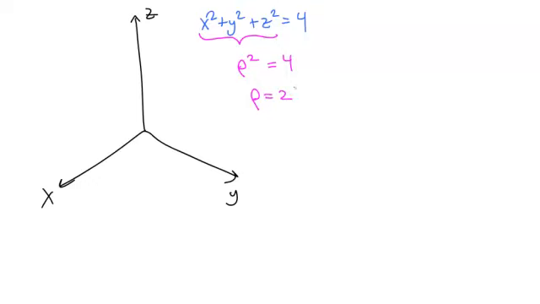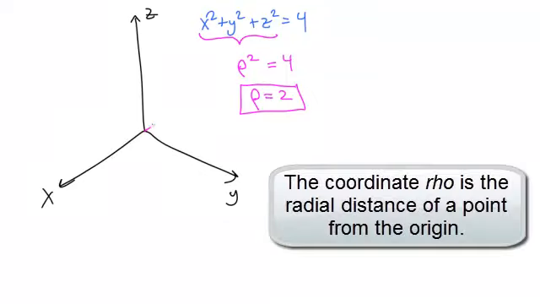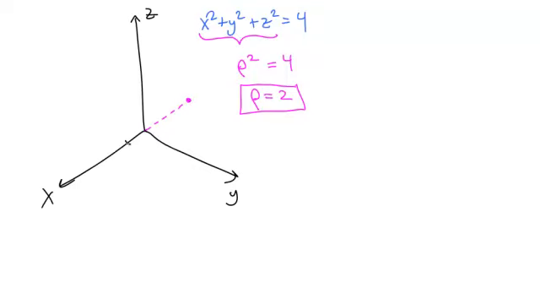So this is the set of all points whose rho value in spherical coordinates is 2. Remember that rho describes the distance of a point from the origin. If we mark some tick marks, including an axis running down here, in the plane the set of all points whose distance from the origin is 2 consists of a circle.